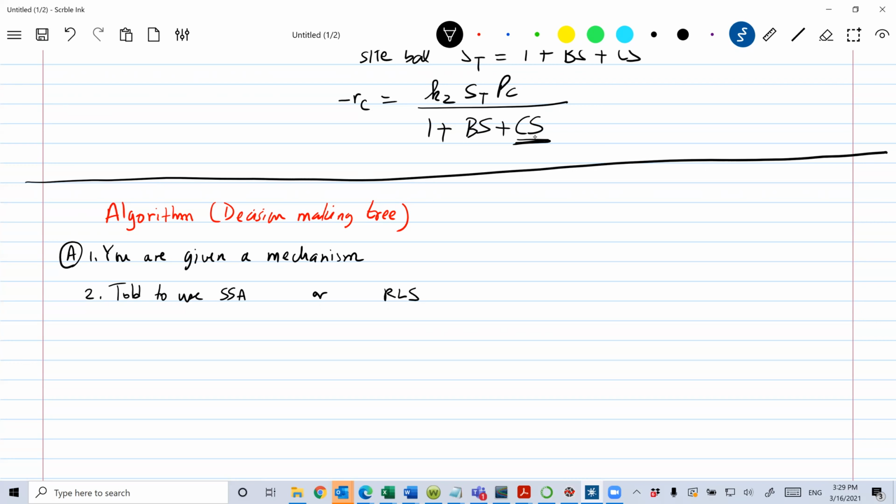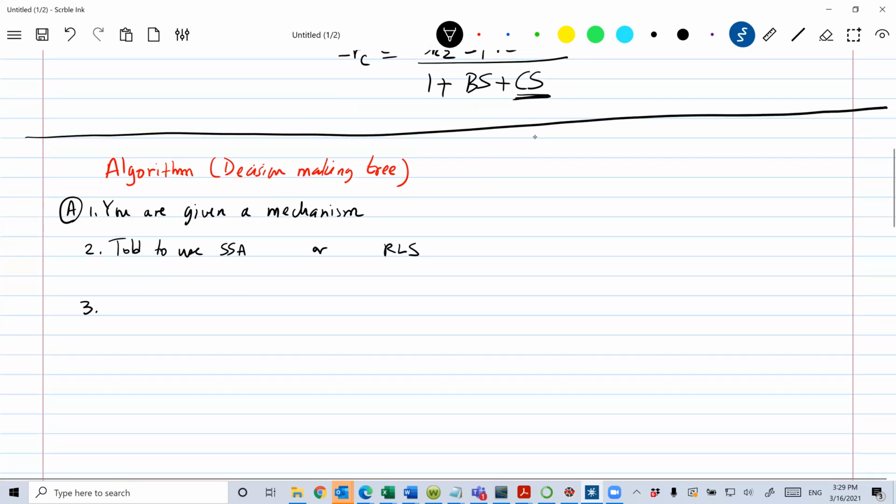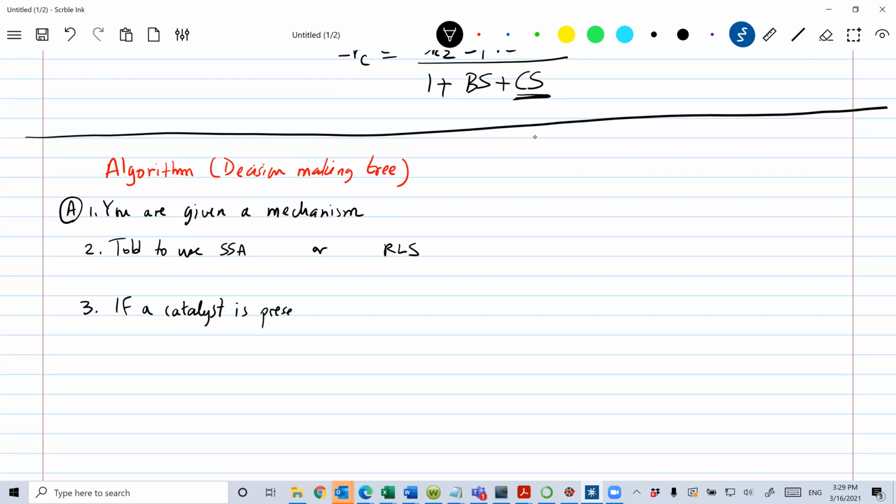Now, in both cases, SSA or rate limiting step, if a catalyst is present, you have to do a site balance. If instead of a catalyst you have a radical or a solvated ion, that's different.